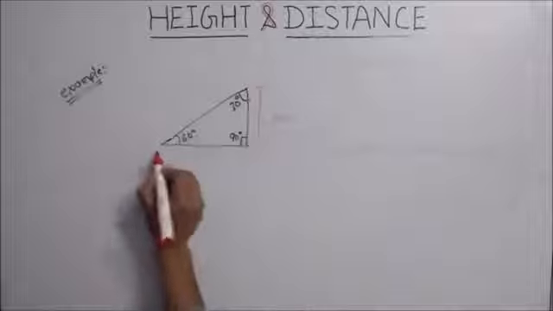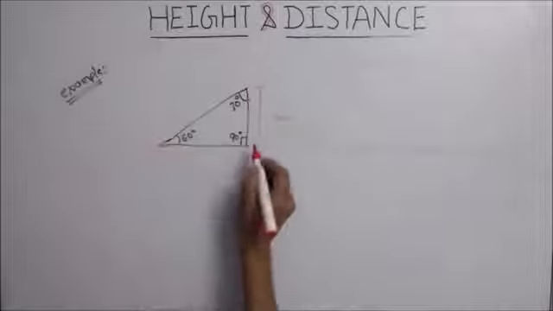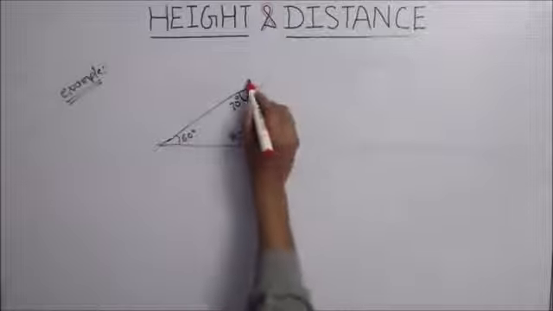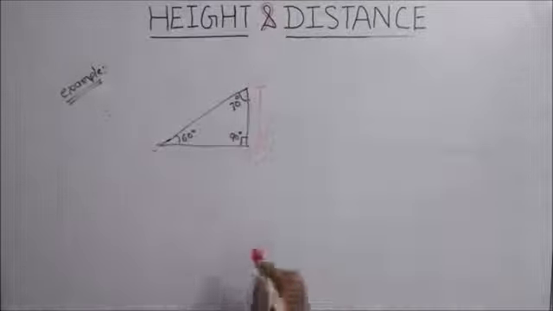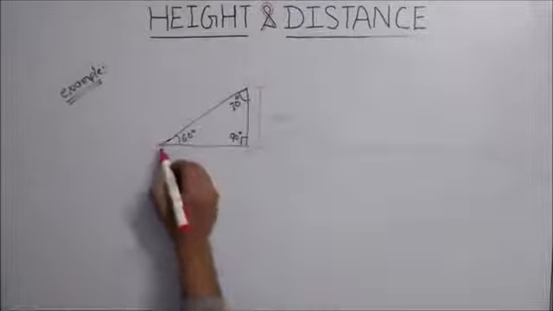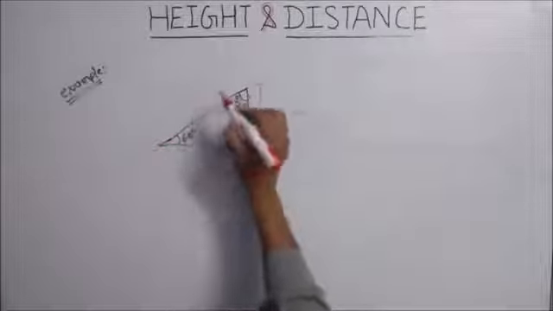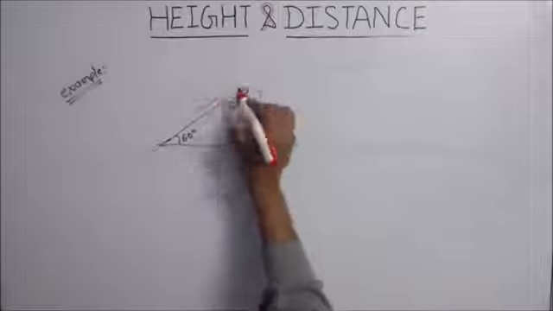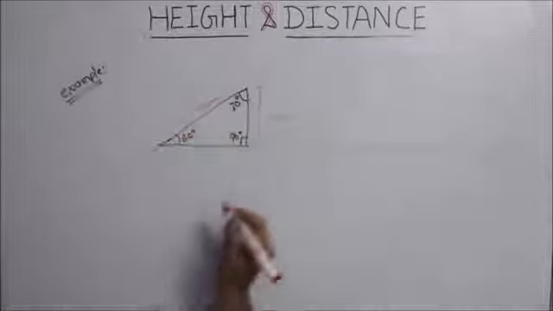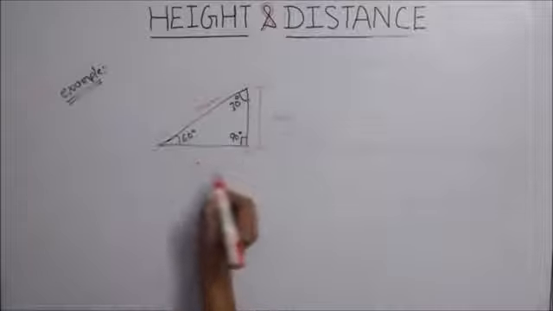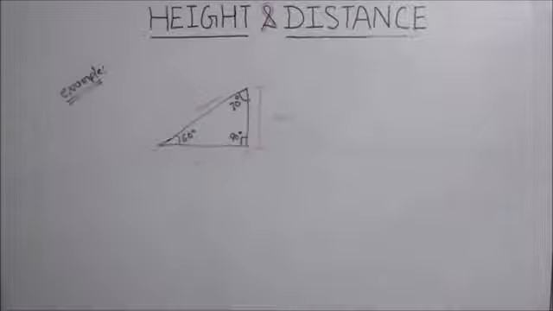The man is standing at this point. The bottom of the tree or the pillar is point N and top is P. And you have given the man is watching the top of the tree and the distance between them is 40 centimeter.